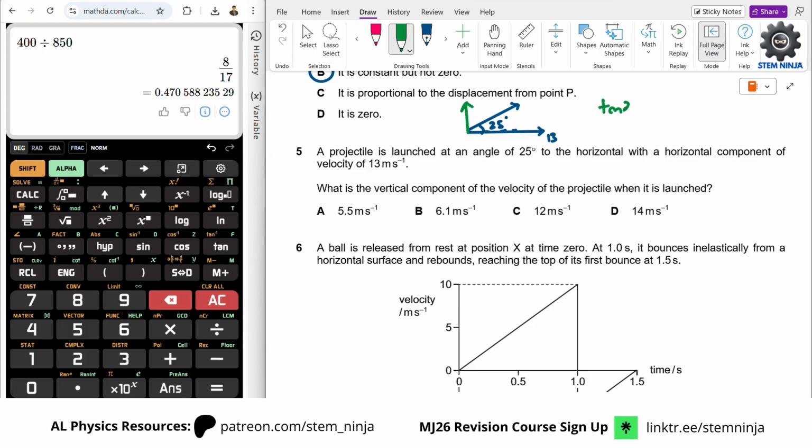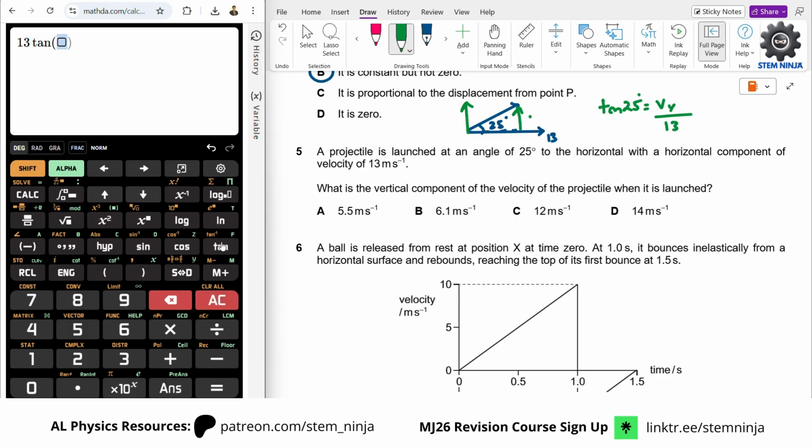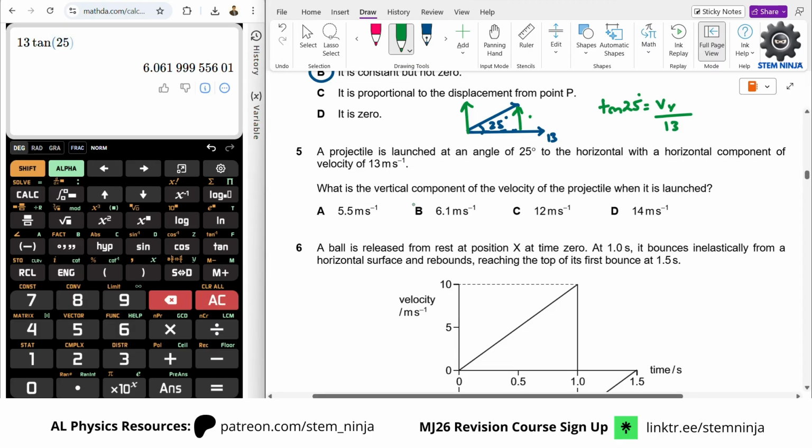We will use tan 25 degrees, basically the right angle property. Vertical one, let's call it Vy, over 13. So this would be 13 tan 25, which is 6.06. So basically this would be B.